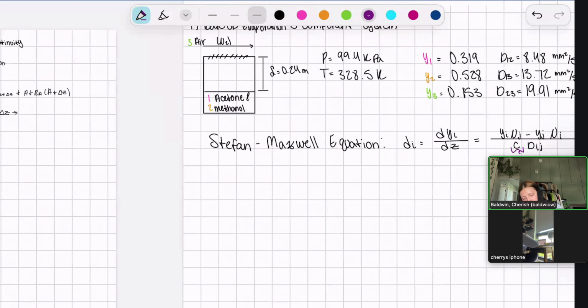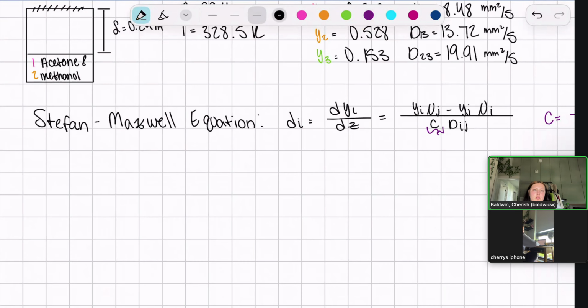All right, so now let's write them for both acetone and methanol.